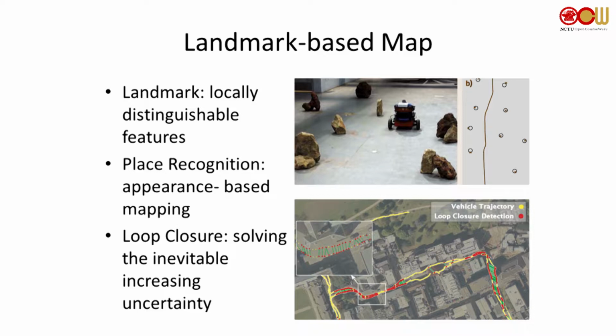The green lines and red dots over here are the loop closure detections in the map. Especially when the robot wants to do large-scale navigation, loop closure detection is quite helpful to remind the robot it is at the right place.